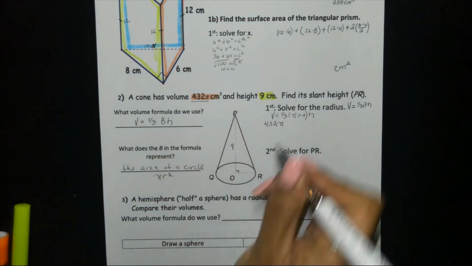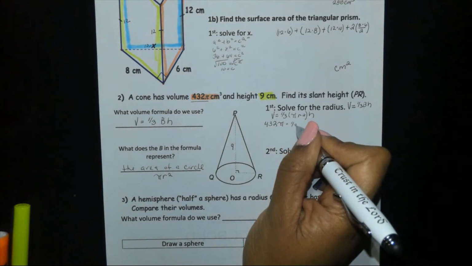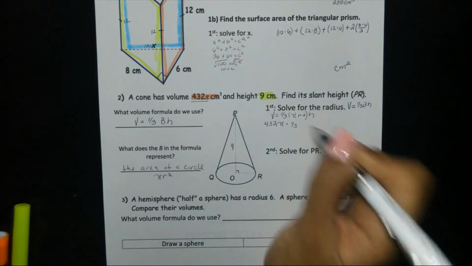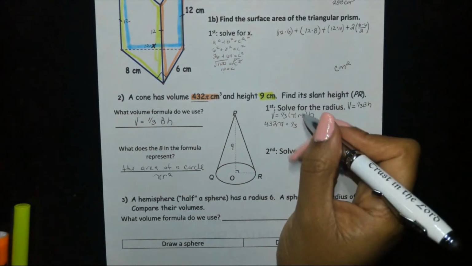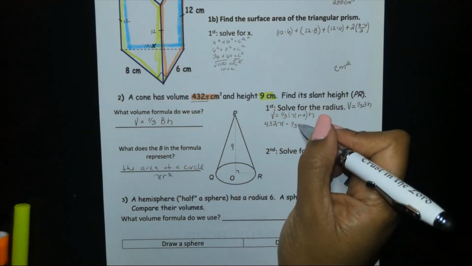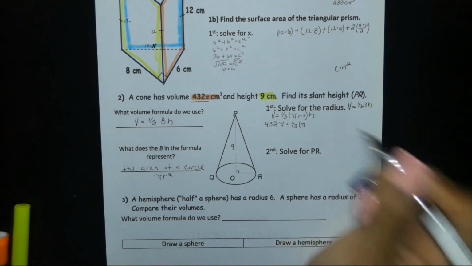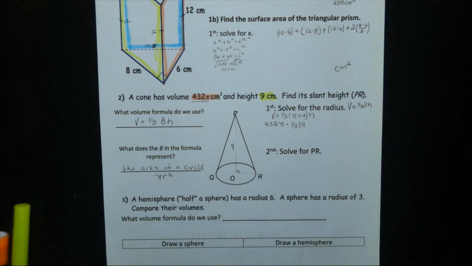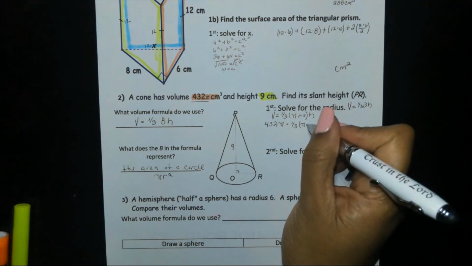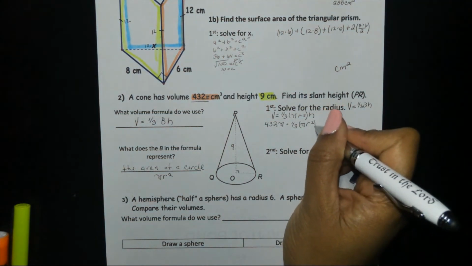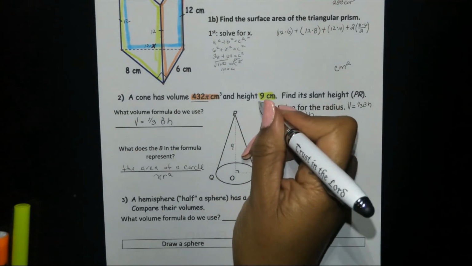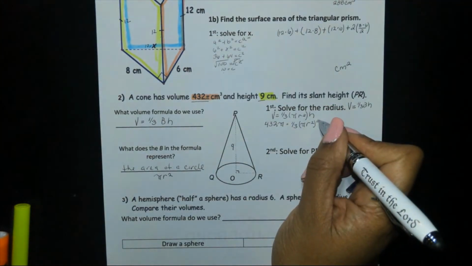Okay, we know that's going to be 1/3, and remember from your notes I told you I do not want you to convert these into decimals. You need to leave it as a fraction. And I'm going to go ahead and fill in the r. We don't know. And then of course our height is 9. They gave us that information.